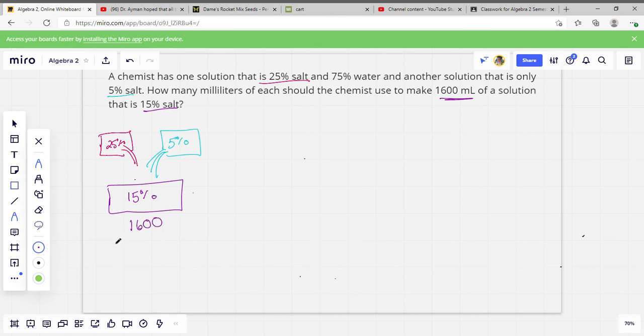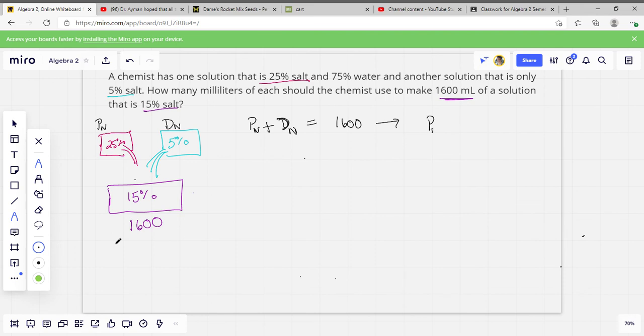Alright, so first thing we're going to do is name these. So our pour number and our dump number. Okay, and we know that our pour number plus our dump number equals 1,600. We could go ahead and make this other equation.